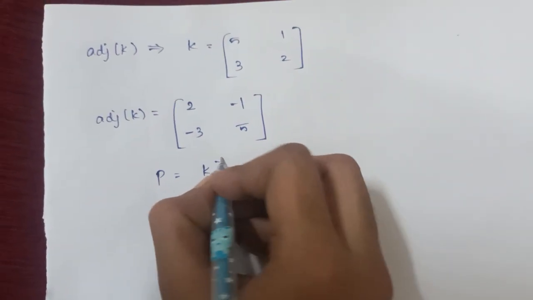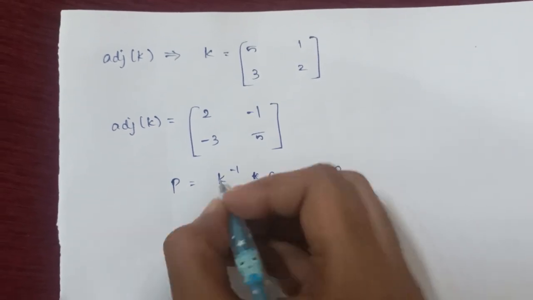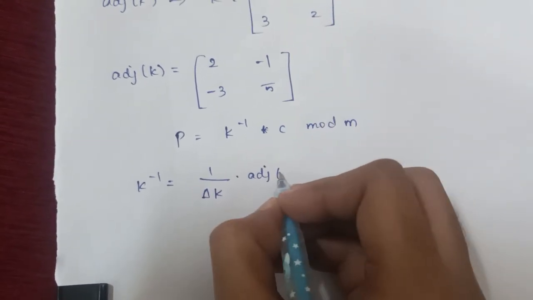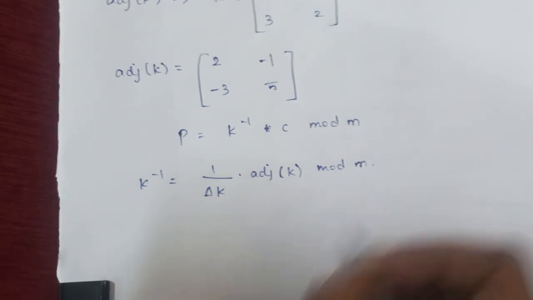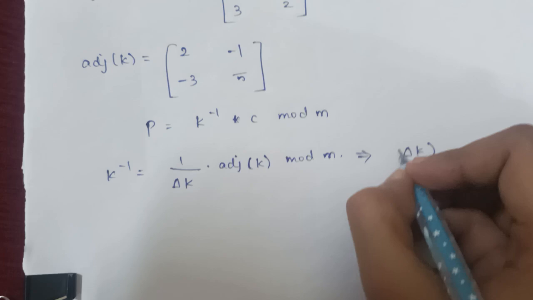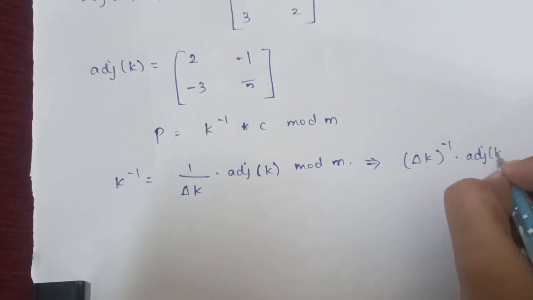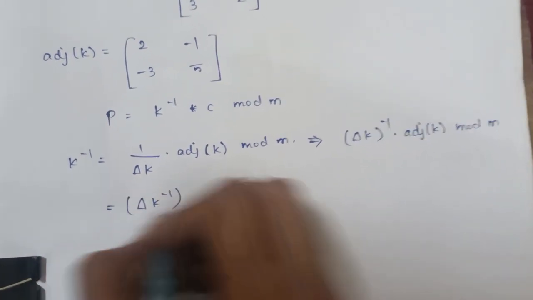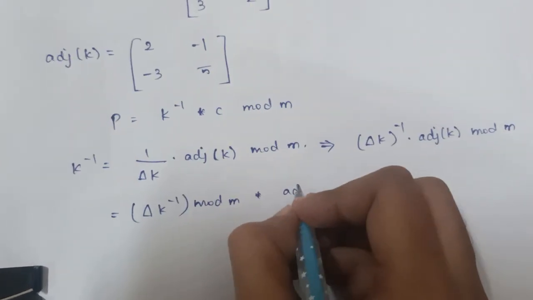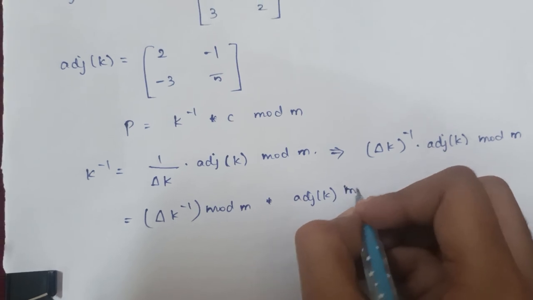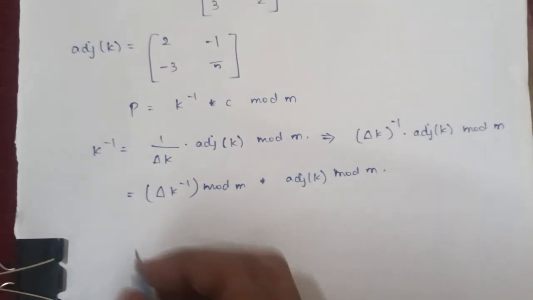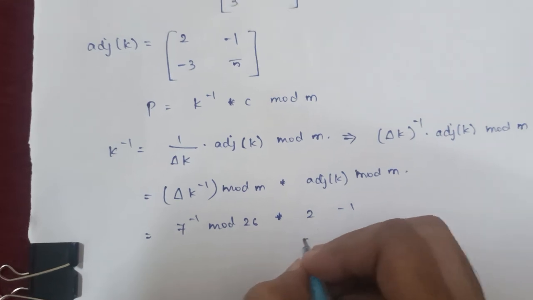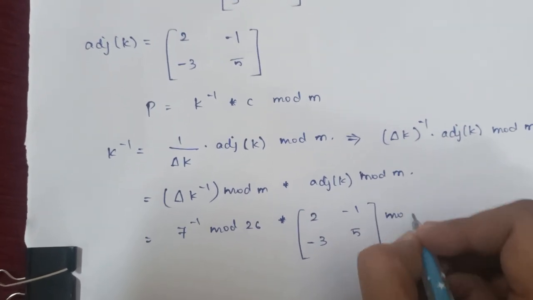P is equal to K inverse into C mod M and K inverse is equal to 1 by determinant of K into adjoint of K again mod M. So this is nothing but determinant of K inverse into adjoint of K mod M, and this can again be written as determinant of K inverse mod M into adjoint of K mod M. So I have to find 7 inverse mod 26 and the adjoint is 2 minus 1 minus 3 5 mod 26.